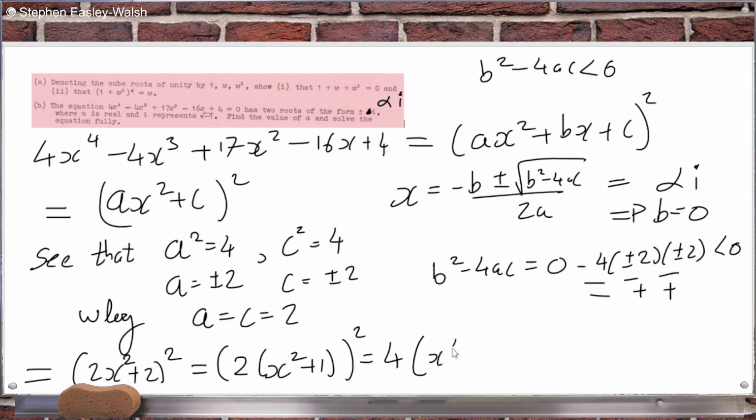And then that's x to the 4 plus 2x squared plus 1. Now that doesn't match up. So that's because then there's one more possibility.